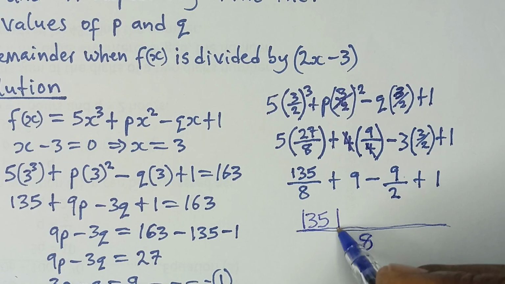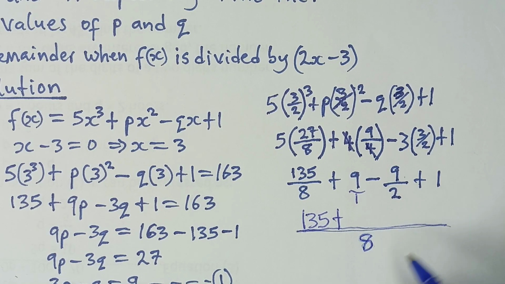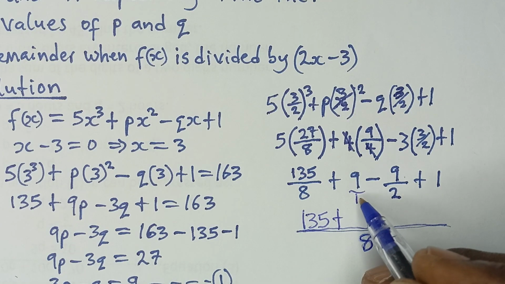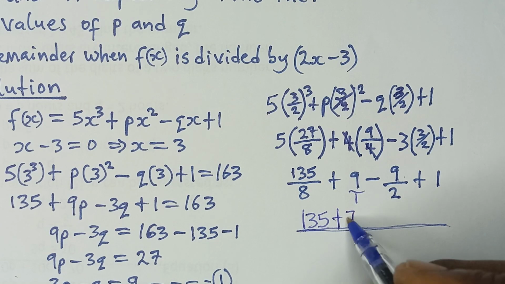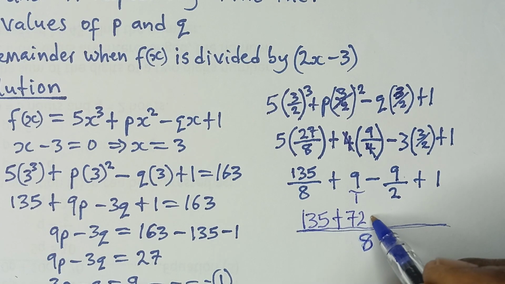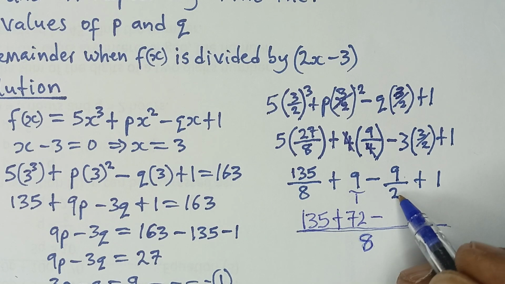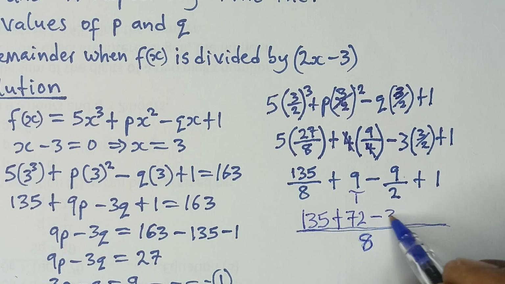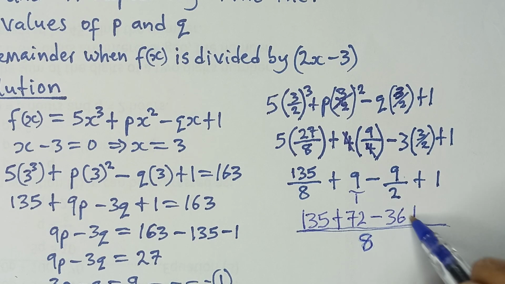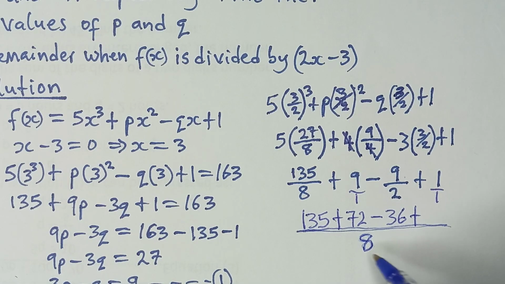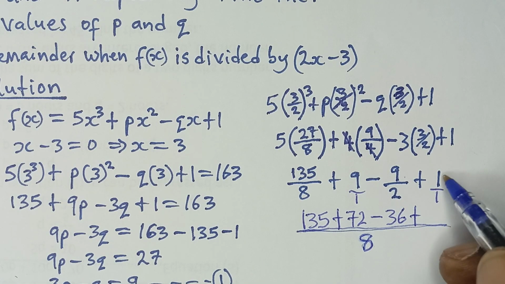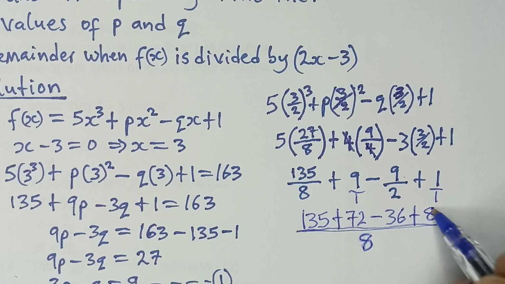Then plus, this is like 9 over 1. 8 divided by 1 is 8, multiplied by 9, that is 72. And then minus 8 divided by 2 is 4, 4 multiplied by 9 is 36. And then plus, this is like 1 over 1. 8 divided by 1 is 8, multiplied by 1 is 8.